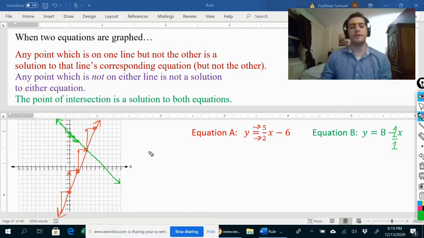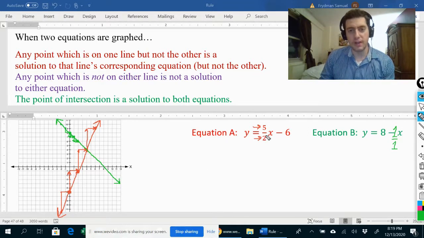Okay, so now I have 2 lines here, and it's very important that we understand what these lines represent. Every single point that's on this red line is a solution to equation A, and every single point that is on this green line is a solution to equation B. Let's just verify that.